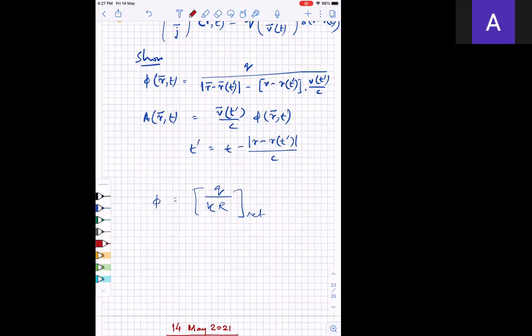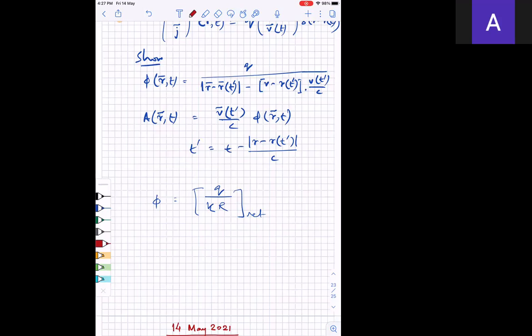Now, going from the potential to the fields is a straightforward thing. It's just clumsy and needs some calculation, so I'm not going to do that. We have done this before, and I decided to omit it.